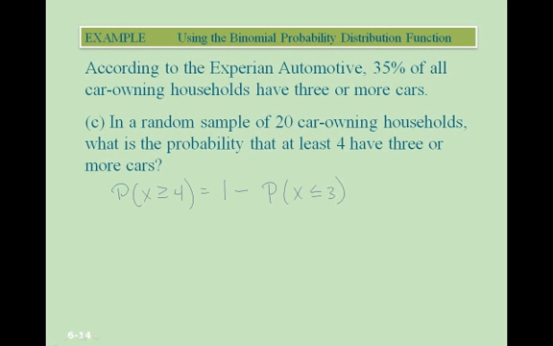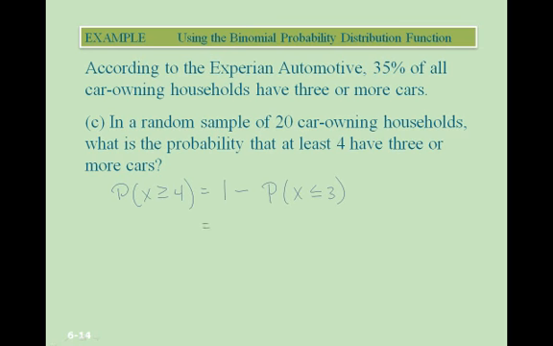So we could take all of the probabilities for every value from 4 all the way up to 20 and add them together. But knowing that they all add up to 1, and we've already found the values for 0 through 3, we can simply take 1 minus that value to get the sum of the others.